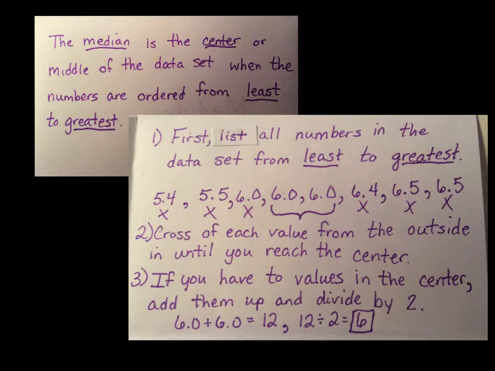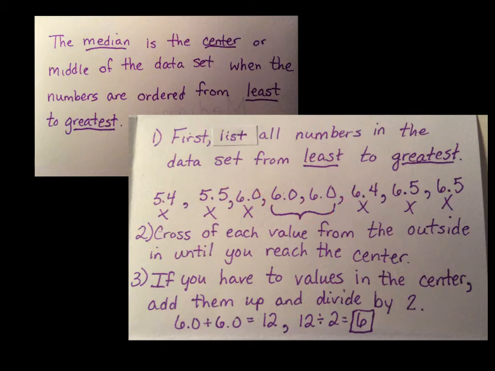So how you would do this, once you have them listed, you would cross out your 5.4 and your 6.5 and do it 2 at a time so that you're making sure you go 1 and 1 from the outside to inside. Then you're going to go 5.5, 6.5, 6.0, 6.4. And typically you should get to one middle, but in this case we have 2 middles.